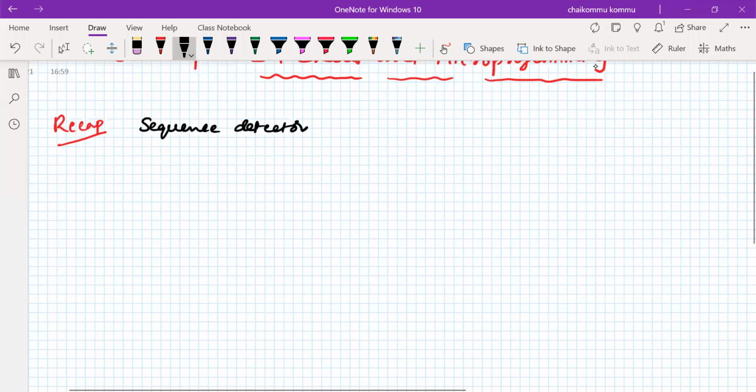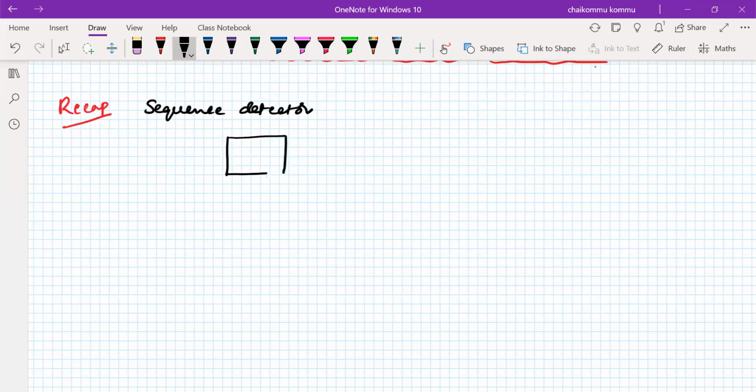A sequence detector has an input called X. It will produce an output Y, provided there is a clock signal and an RST signal. We did not mention the RST signal explicitly, but it will also be there.